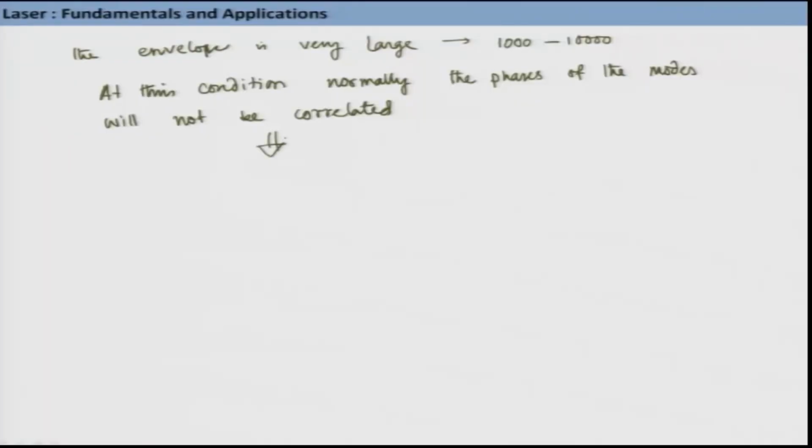Because of this, there will be interference which will lead to random fluctuation of intensity, and this intensity is also extremely low.